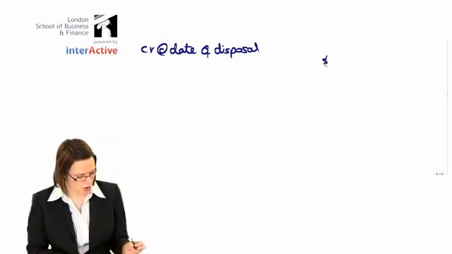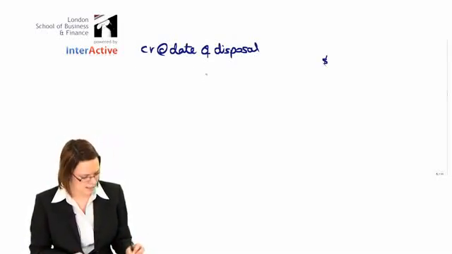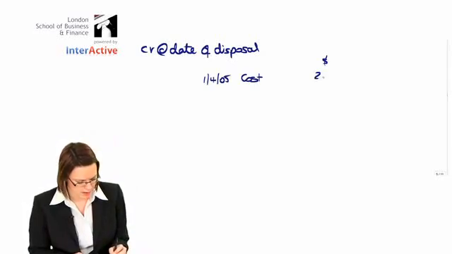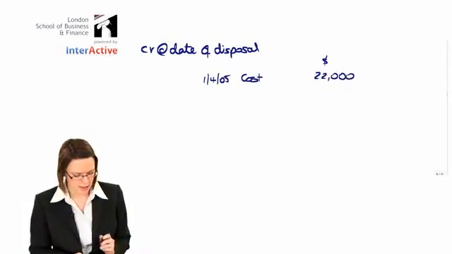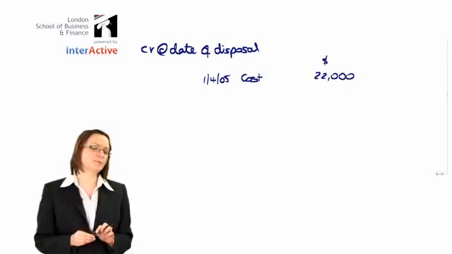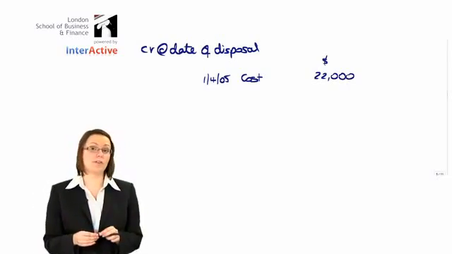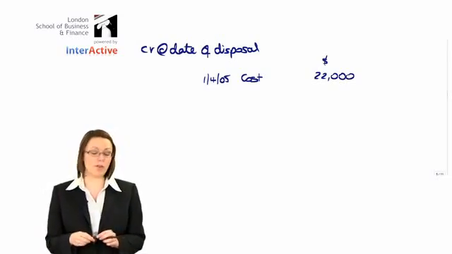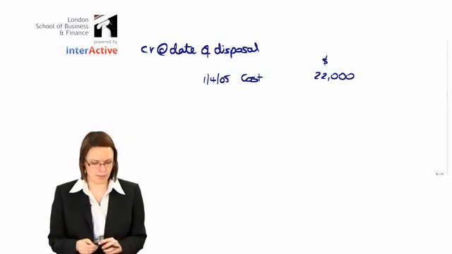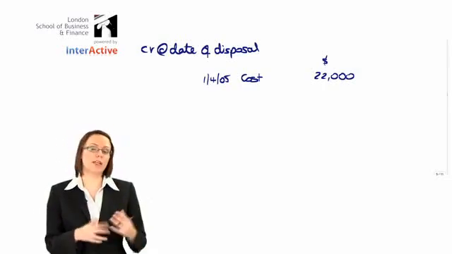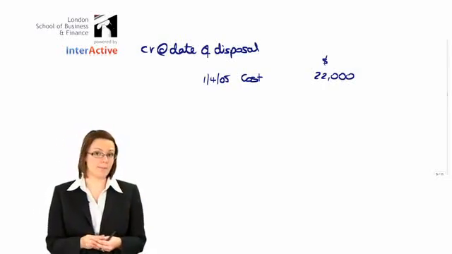So as always, we're going to start off with the cost of the asset, and the cost was on the 1st of April 2005, and we purchased it for $22,000. And so we purchased the asset on the 1st of April 2005, and we're disposing of it on the 1st of July 2009. So we've got several years' worth of depreciation that we need to accumulate along the way.